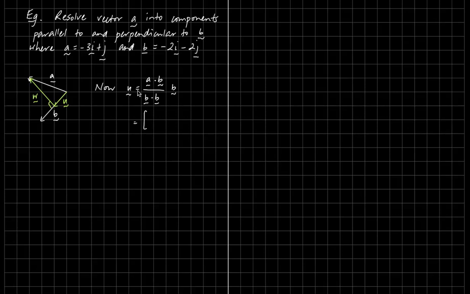The reason this definition is easy to use is that we're just finding dot products. So A dot B over B dot B times vector B.